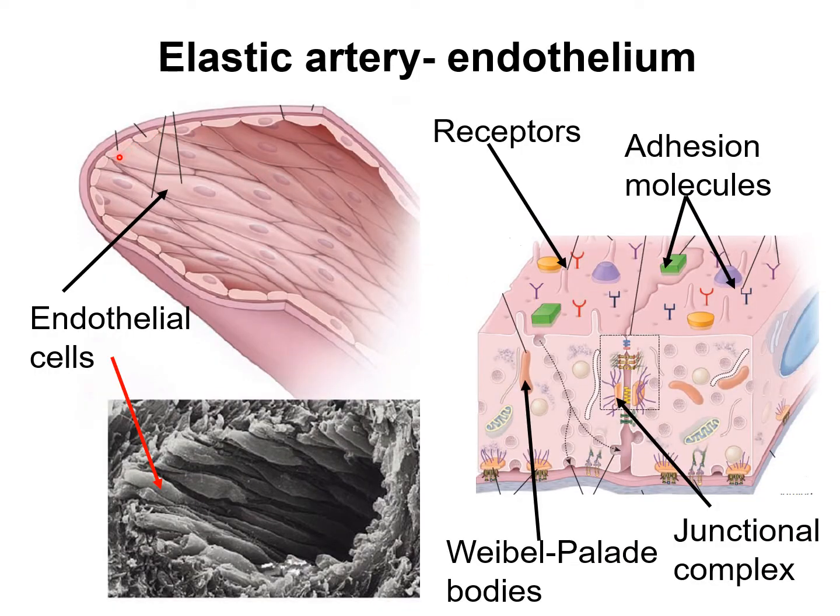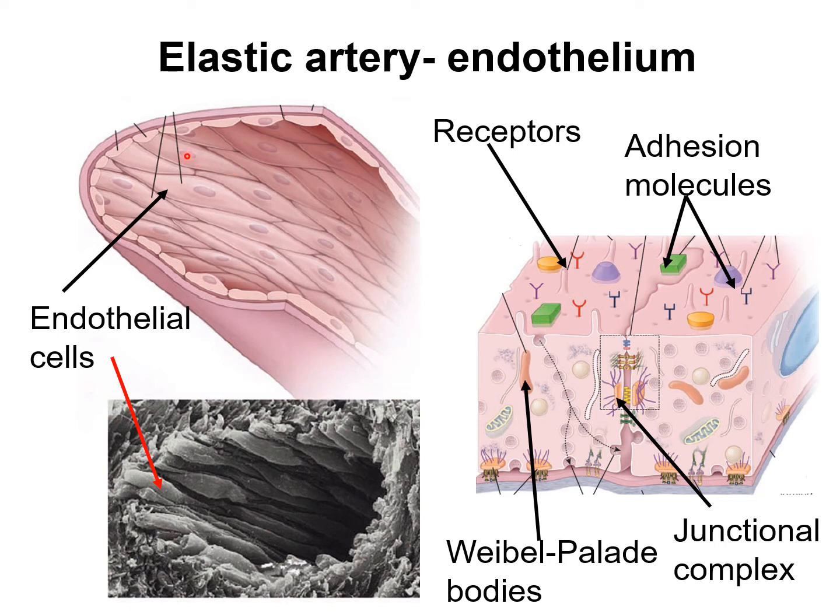The endothelium of the blood vessels is very important. The endothelium is a simple layer of squamous epithelium, and the long axis of the endothelium is along the long axis of the vessel.